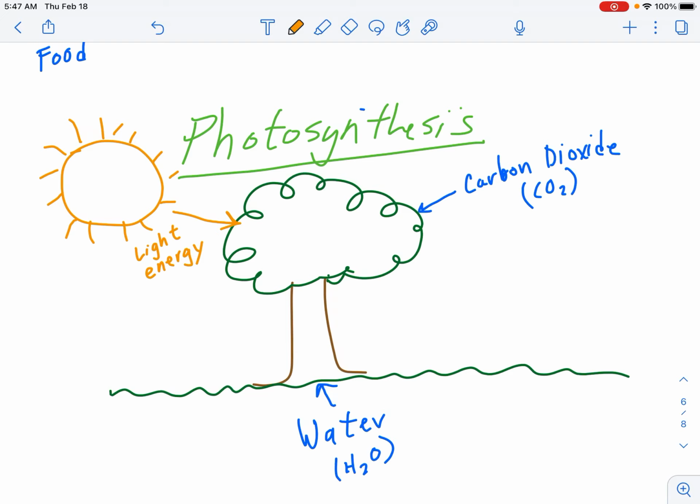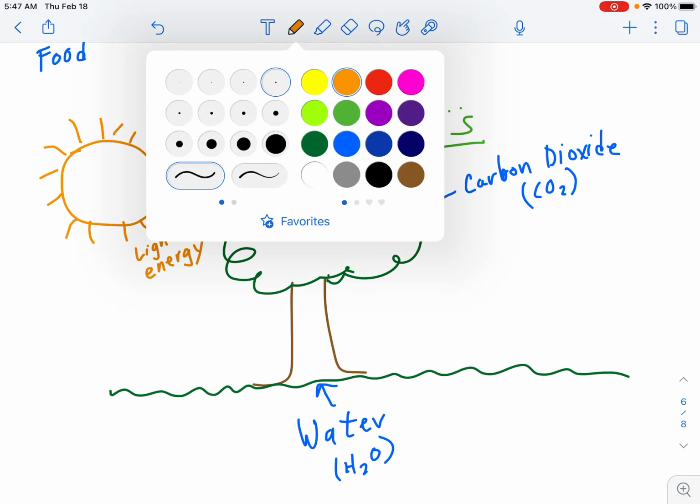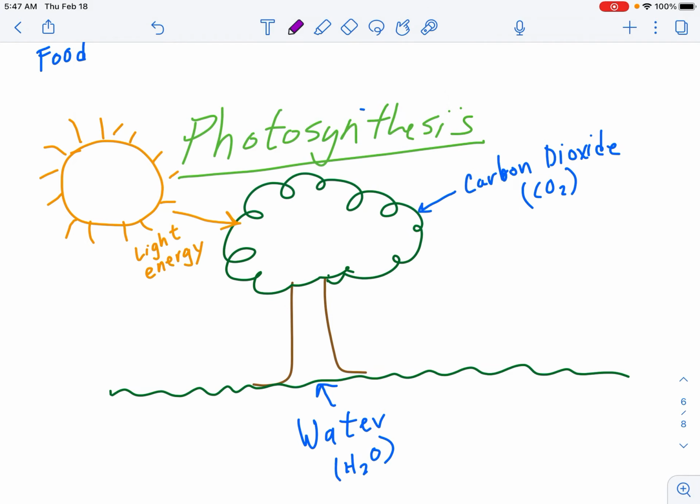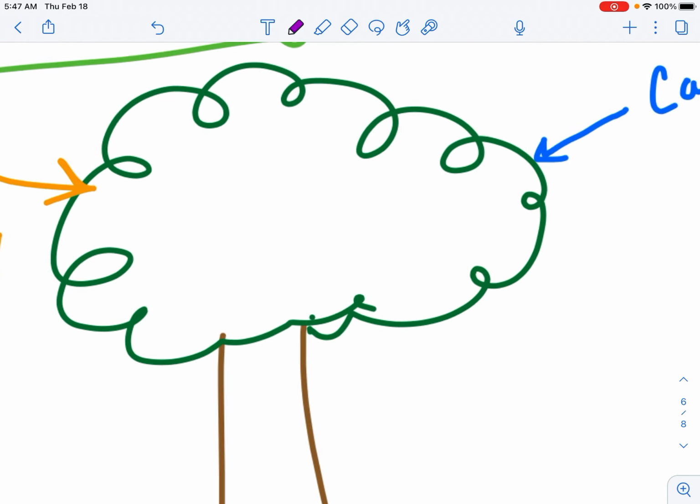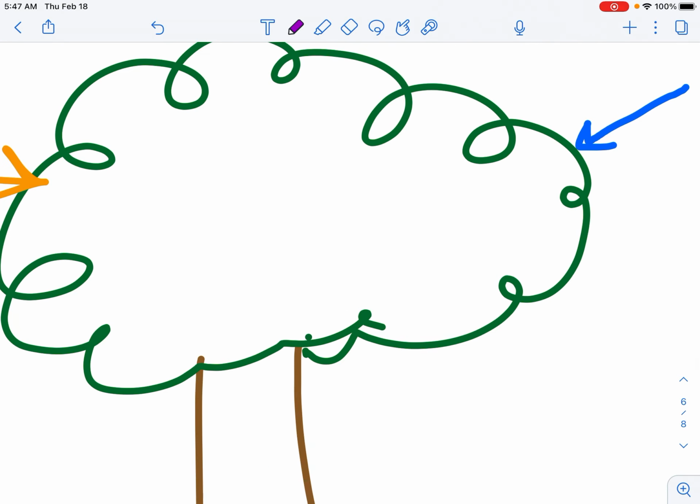Okay, so this process occurs, and what's going to be produced? So the products of photosynthesis are glucose, and that glucose is often stored in the plant for later use. And so sometimes it's stored in the roots, depends on the type of plant, how they're going to store it.